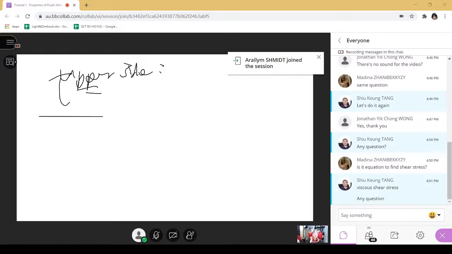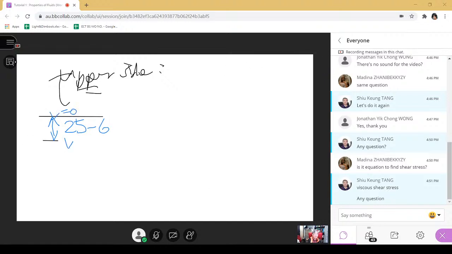We have the places here. So for the upper side, the distance here is 25 minus 6. The velocity here is v, and the wall velocity is 0.